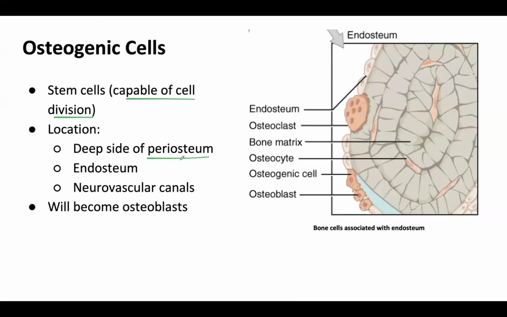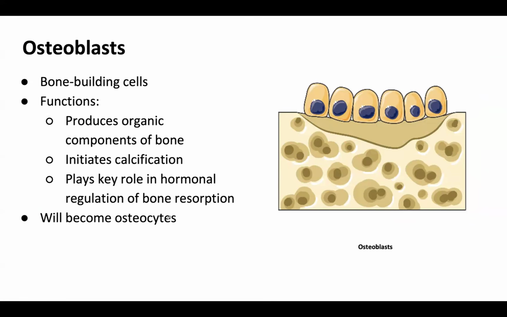The endosteum will also be an important area, which you can see on the right in this illustration. And you can see that it's also not the only type of cell that's associated with the endosteum. And then lastly, you'll find the osteogenic cells in neurovascular canals throughout the bone. Eventually, osteogenic cells will differentiate into those bone-building cells, the osteoblasts.